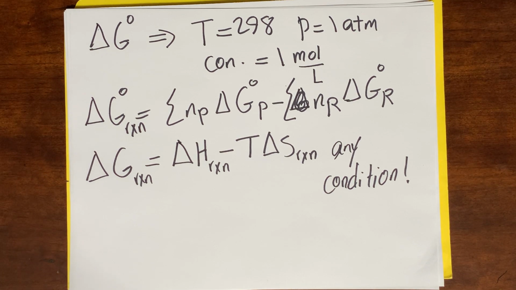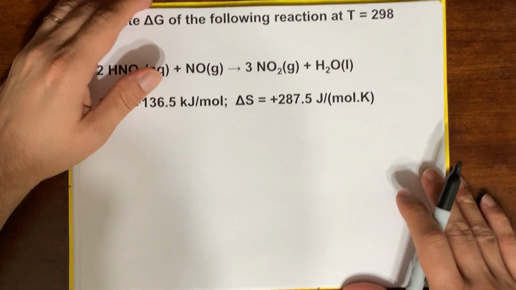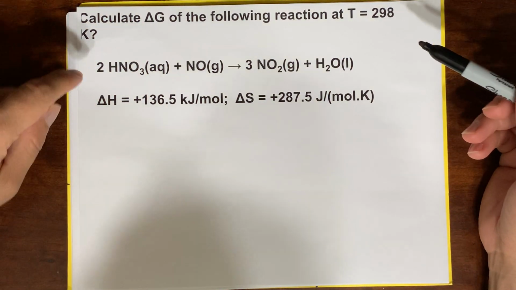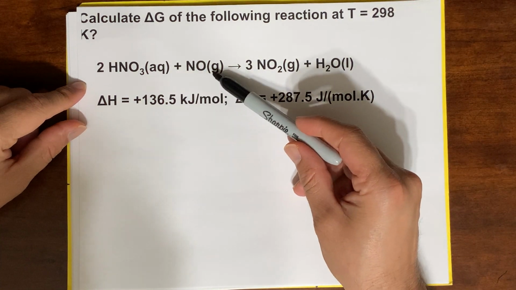So let's close the discussion with 2 examples. First example, we have 2 moles of nitric acid. We add NO, gas phase.